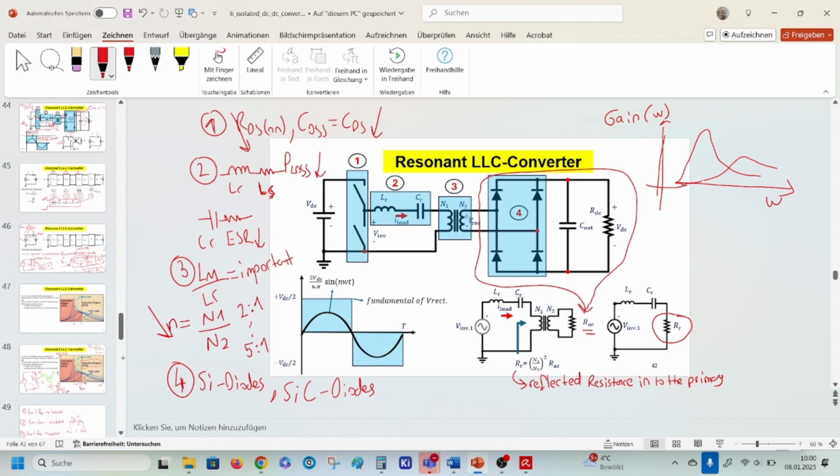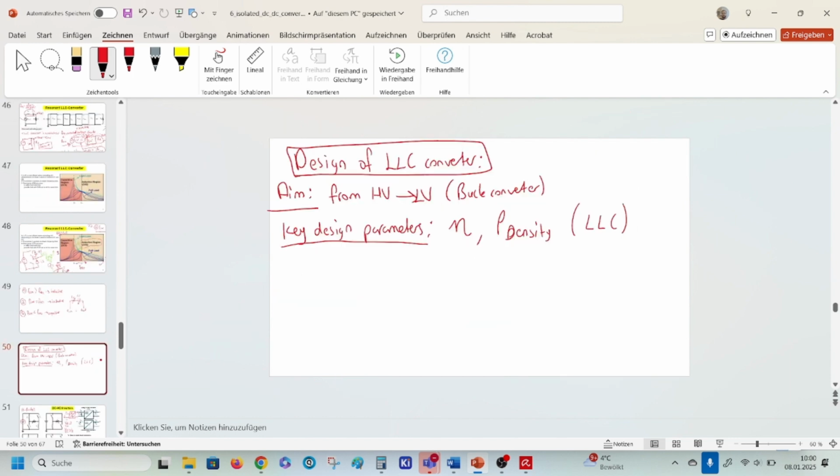And what else can we say about it? The toughest part of LLC converter, it requires the hardest design, because if you use flyback or buck boost, SEPIC, it's less hard.